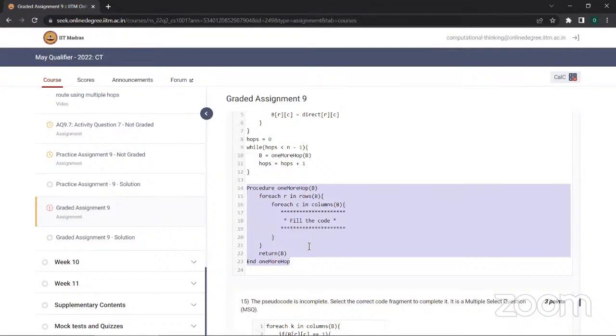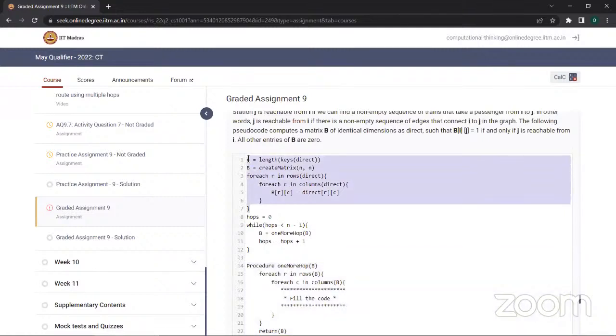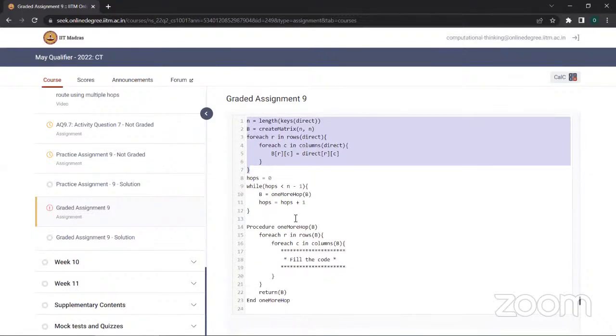The direct path, we already understood that it doesn't exist. What if there is a path via some hop in between? If there is, then we should make that entry 1 in that particular matrix.